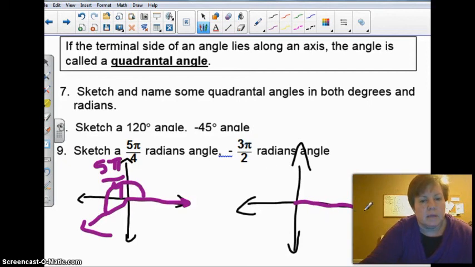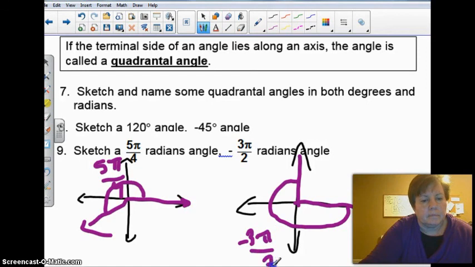Okay, so negative means to go clockwise, so we're coming this way. Okay, that's pi over 2. So that's another pi over 2. So the 3 pi over 2 is going to land us right there. Okay, so that's my terminal side, and that's negative 3 pi over 2. That's it.